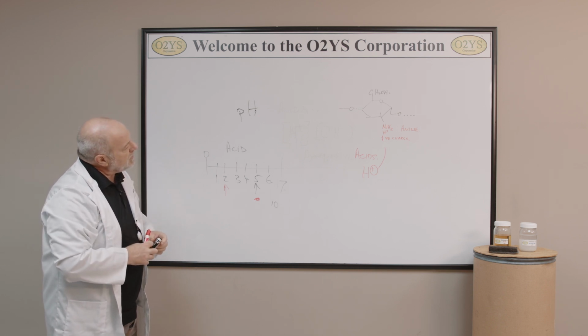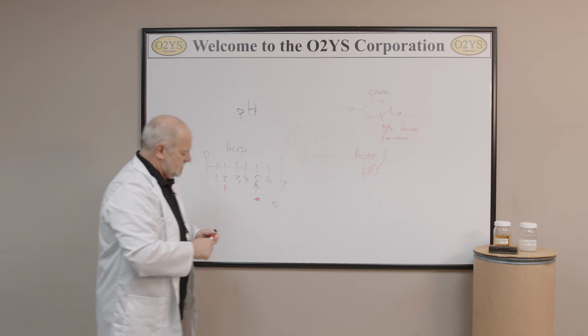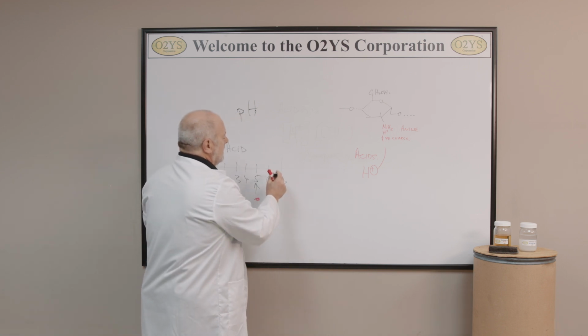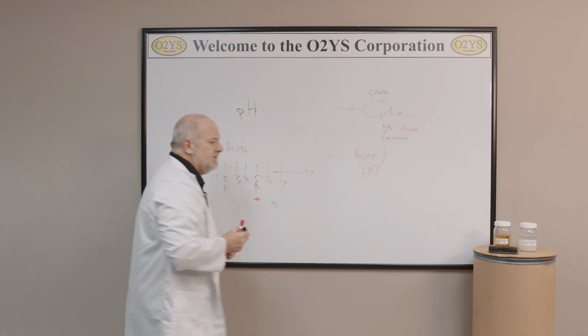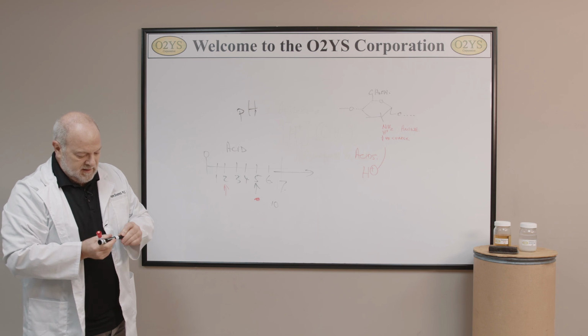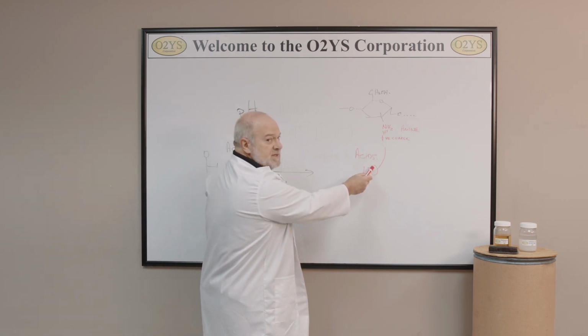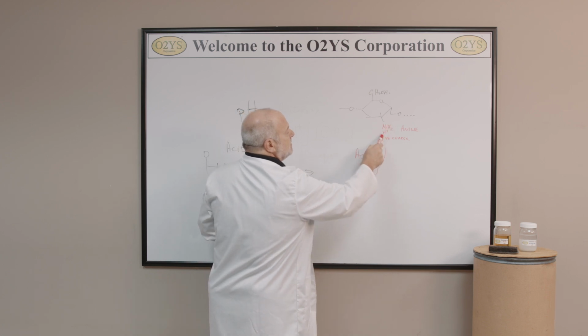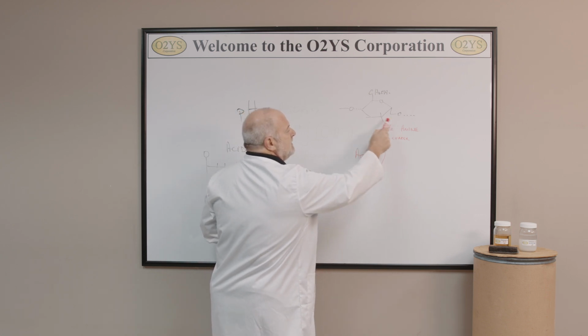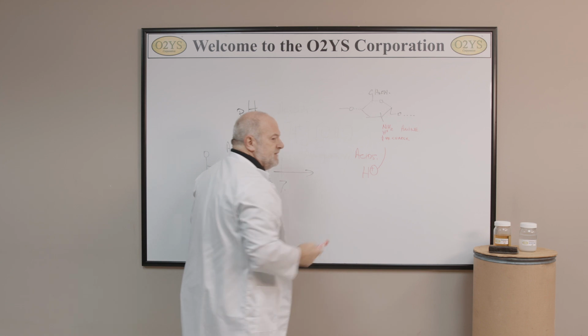The other thing that we want to talk about with pH is, why don't we want to go anywhere above the 6 mark? What happens at that point is that you're taking away a lot of these hydrogen ions, and so you're weakening the positive charge nature of that amine.